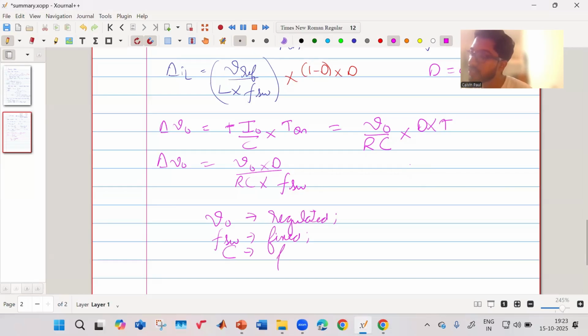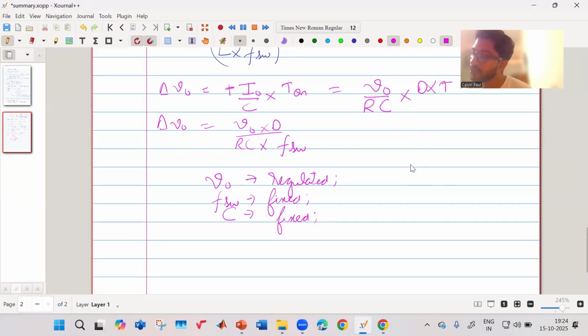Similarly, your C also is fixed, right? So your delta V naught is dependent mostly on D and R. So if your duty is more, your delta V naught will increase.